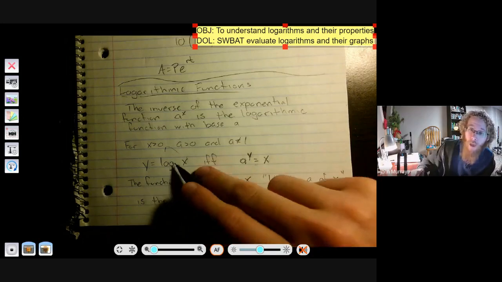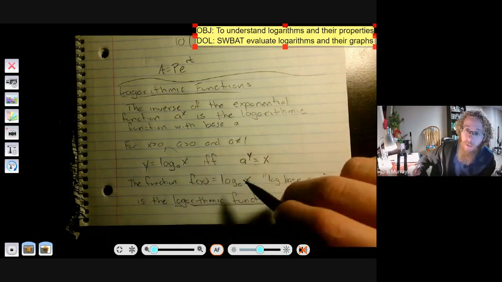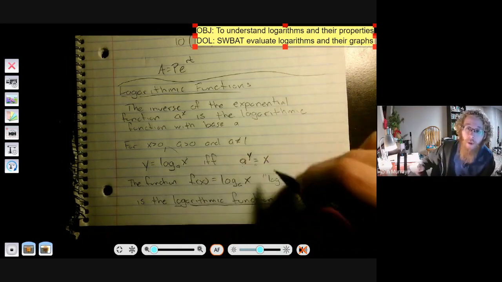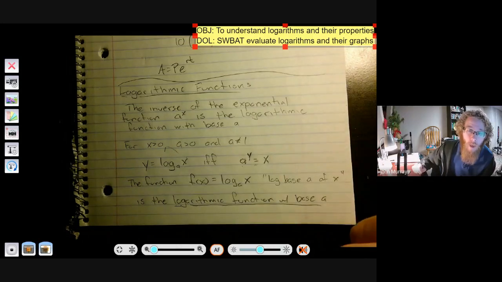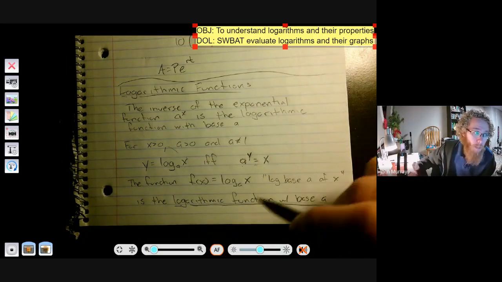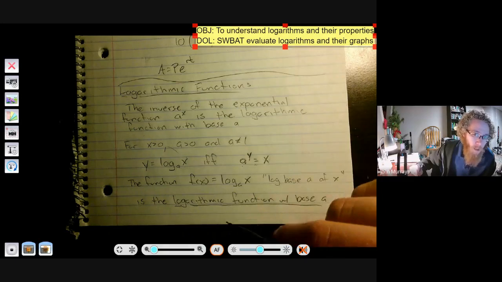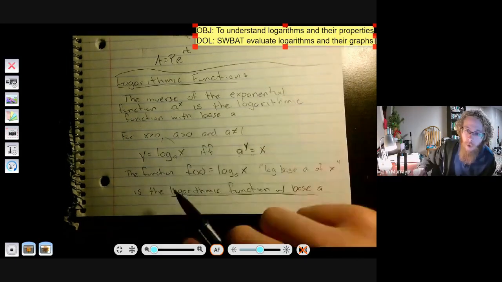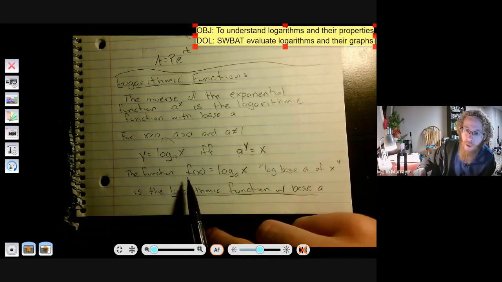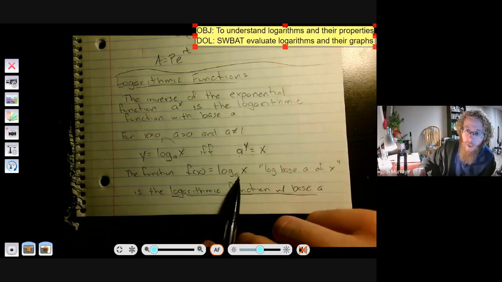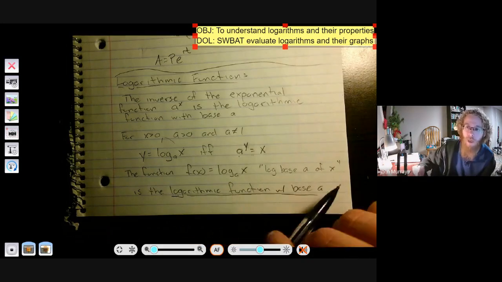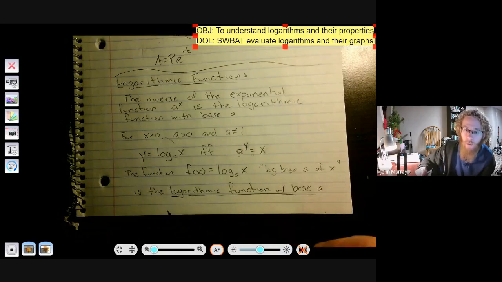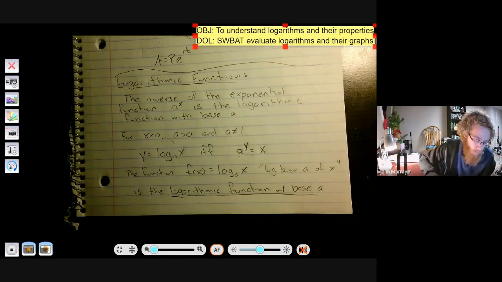So if you have y equals log base a of x, that's the same thing as saying a to the y power is x. When we start using some numbers, that part might become a little more clear. Again, the function f of x equals log base a of x, that's how we say it, log base a of x, and we call that the logarithmic function with base a.